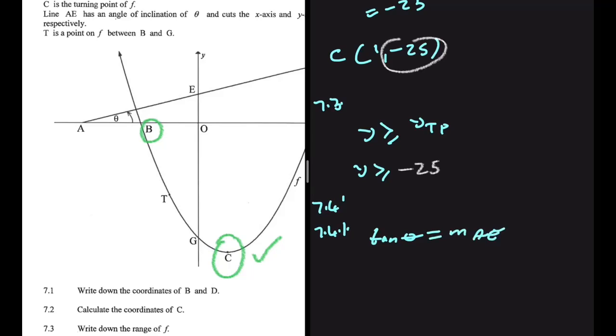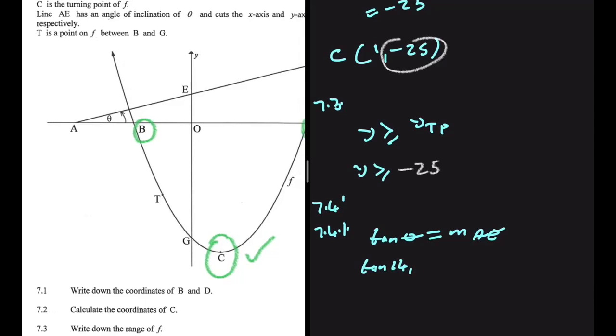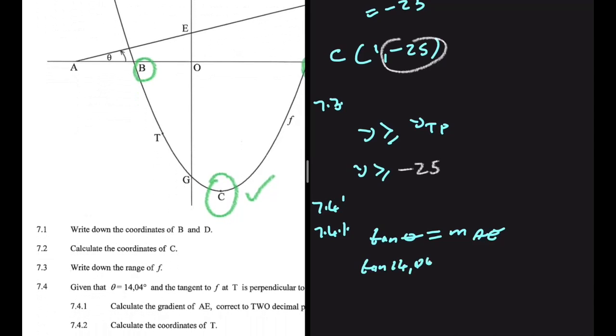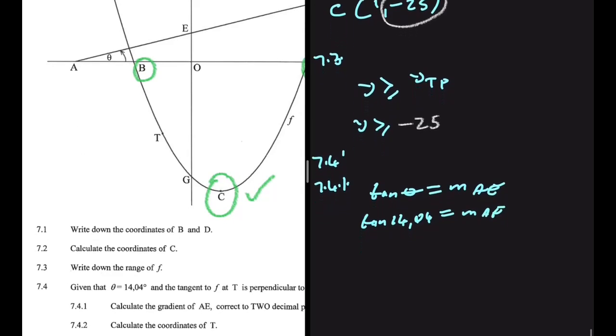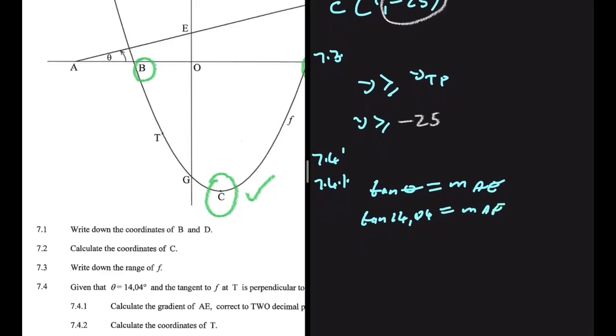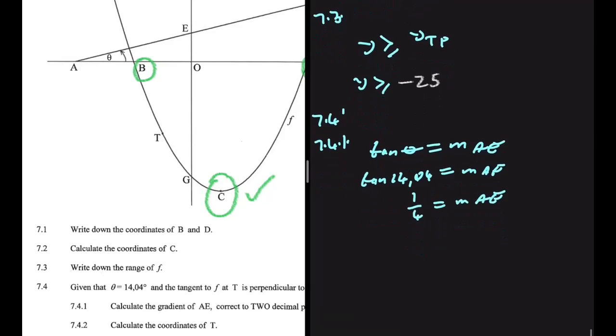It happens to be AE in our case. So we're going to have tan of 14.04 equals the gradient of AE. If you put that in your calculator, you're going to get 1 divided by 4 as the gradient of AE.